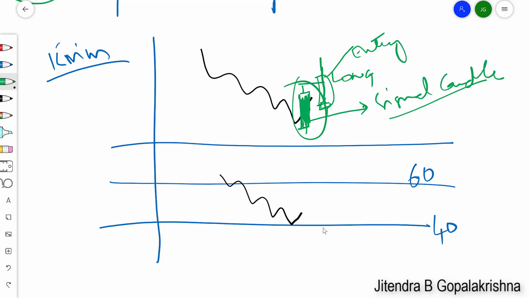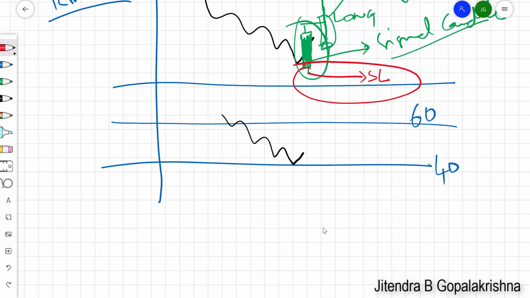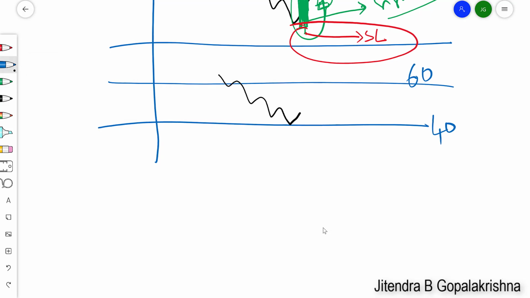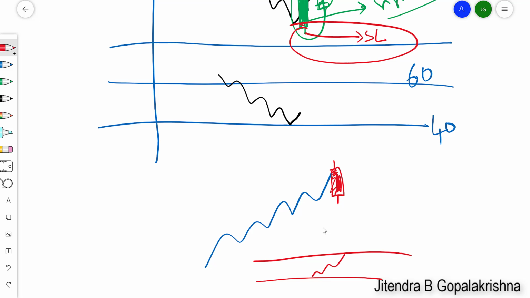So now your initial stop loss is the low of this signal candle. This is where the stop loss happens. So that is the signal candle. This is for a long trade. The opposite: the market is going up like this, and right here you have a strong bearish candle, and RSI is at 60 and coming down.